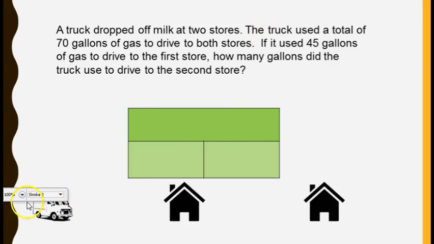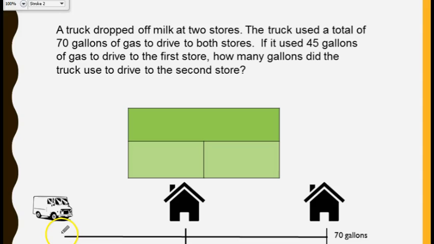So I have this little milk truck here. Here's our milk truck, and he has to go to these 2 stores, right? It says the truck used a total of 70 gallons to drive to both stores.